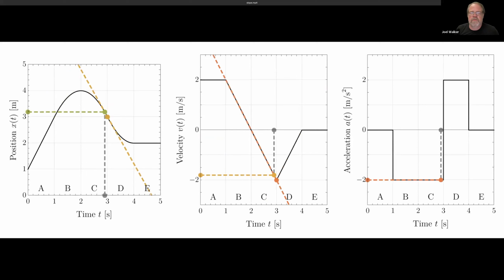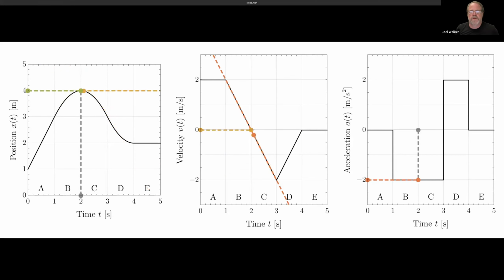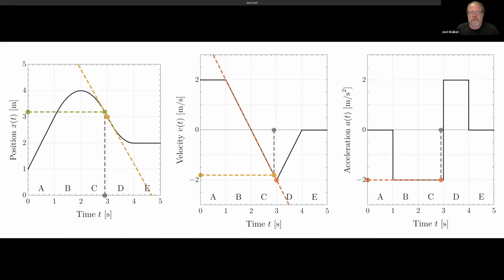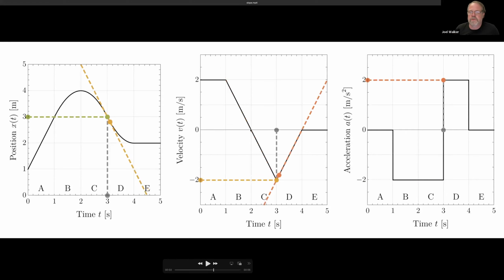It must be that our final velocity was -2 meters per second, because the midpoint, the average between 0 and a slope of -2, is -1. The average velocity in segment C was 1 meter backward in 1 second of time. Correspondingly, the velocity graph went during segment C from a value of 0 to a value of -2.